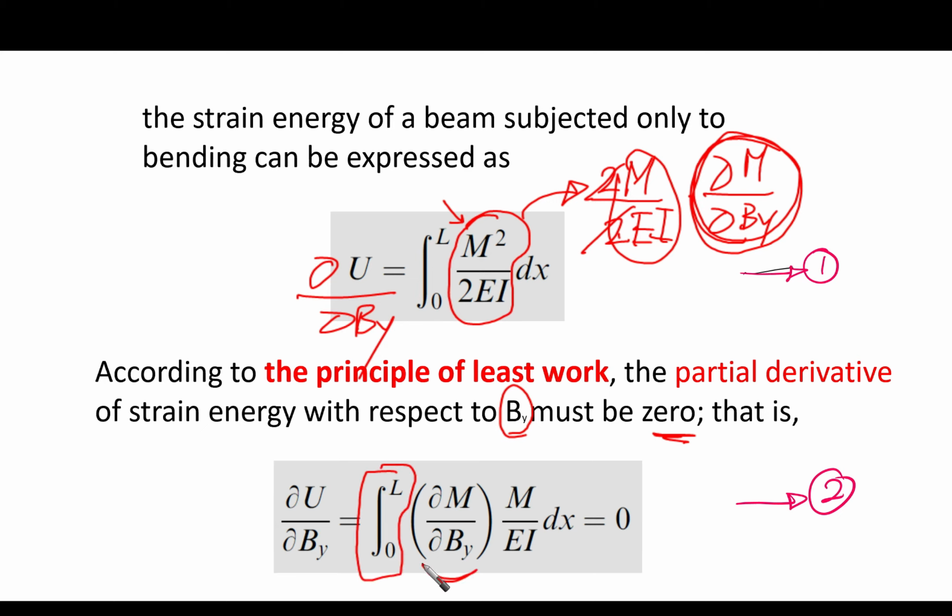One term is the moment derived with respect to By, and the other term is the moment as it is, as a function of By. So the original function times the derivative of the function in terms of By. Remember this equation, we're going to call it equation number 2.